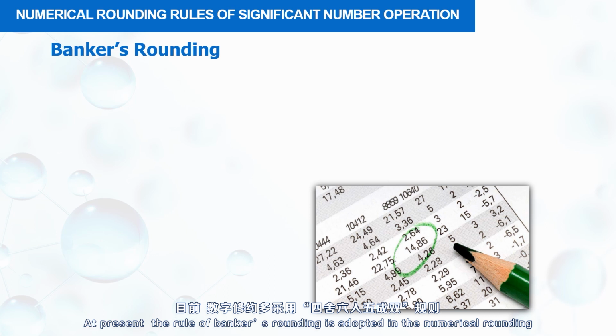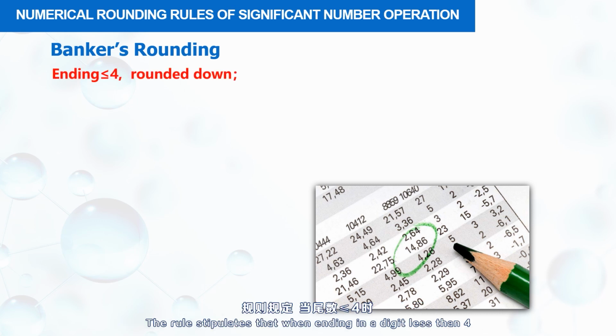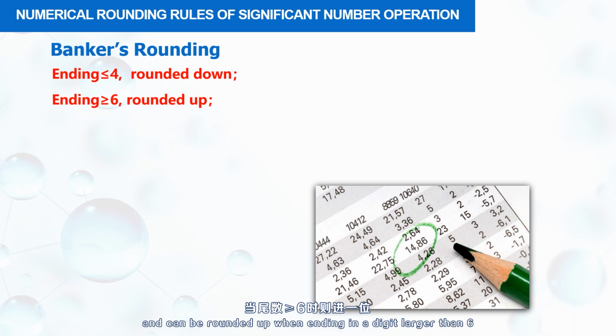At present, the rule of banker's rounding is adopted in the numerical rounding. The rule stipulates that when ending in a digit less than 5, the number can be rounded down, and can be rounded up when ending in a digit larger than 5.